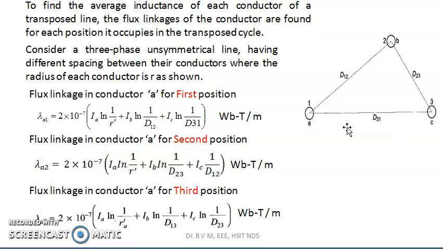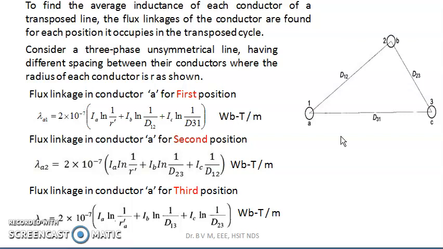Flux linkages are different. If the flux linkages differ, then the inductances of the three conductors are also different, and then the voltage drops in those lines are also different.